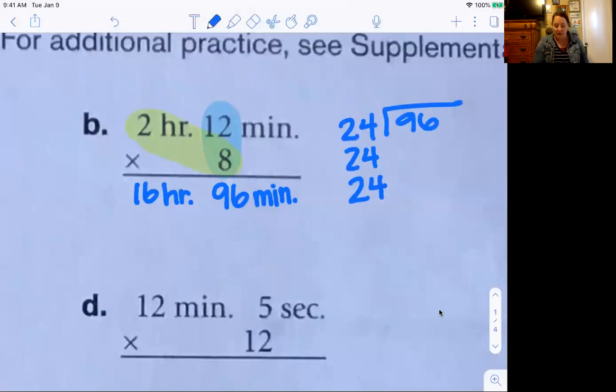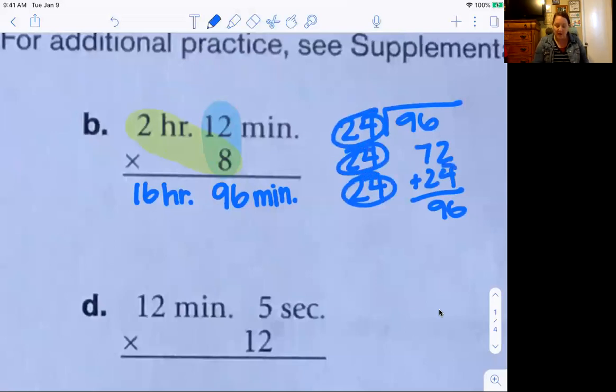Ooh, let's see if we can get another group of 24. So if I have 72 plus 24, what do I have? I have 96. Exactly. So I have 1, 2, 3, 4 groups or 4 hours.